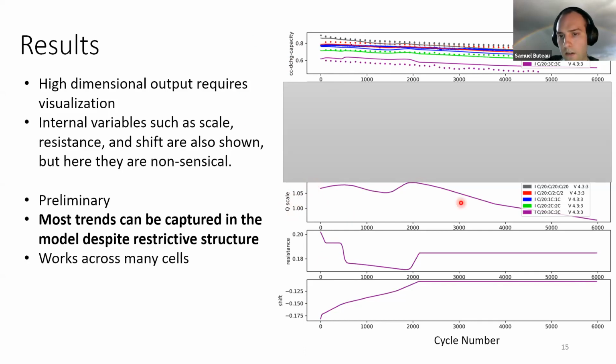Here, these variables are shown, but they're not doing anything very physical. They're doing their own nonsensical thing, but the predictions are still coming out okay. This tells us that the equations we used did not limit the ability of the model to capture the data too much.